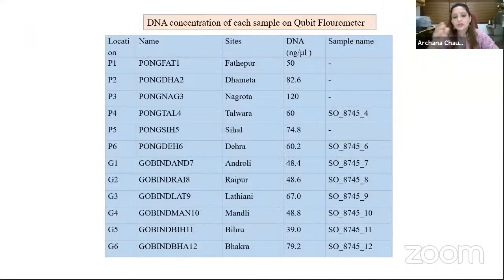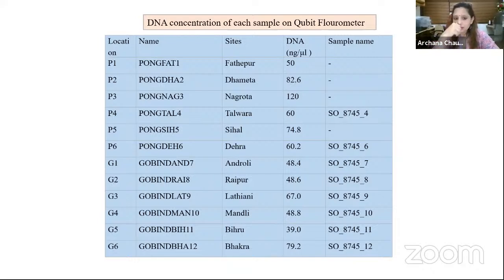So this table gives you an idea of the different eDNA concentrations that we had and quantitated using the Qubit fluorometer. You can see in this table that we had 6 sampling sites from the Pong reservoir and 6 sampling sites from the Gobind Sagar reservoir.